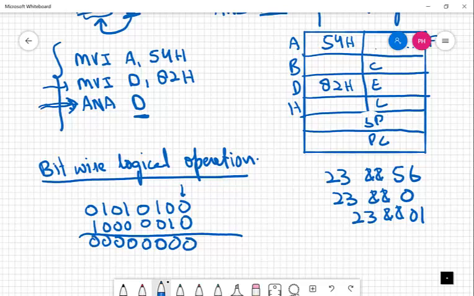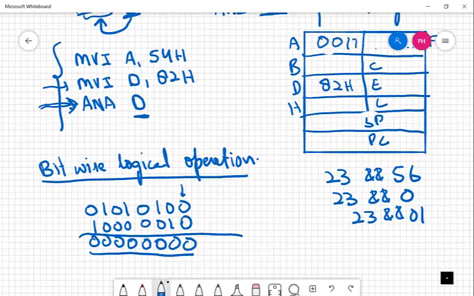So you may see I was ANDing two non-zero numbers, so logically I should have got a non-zero number. But since I am doing a bitwise AND, each bit is ANDed with its corresponding bit. So here I got a 0. The result will be stored in accumulator, so the contents of accumulator will be updated, and we will have 00H here.